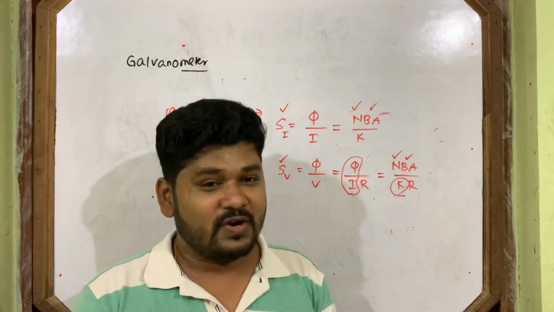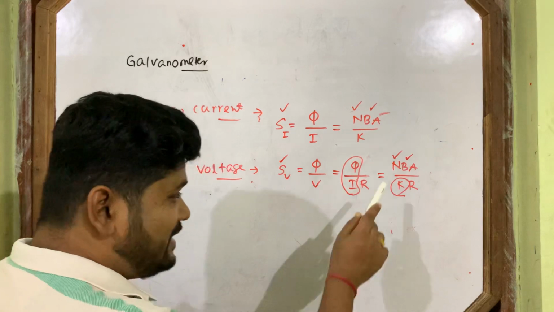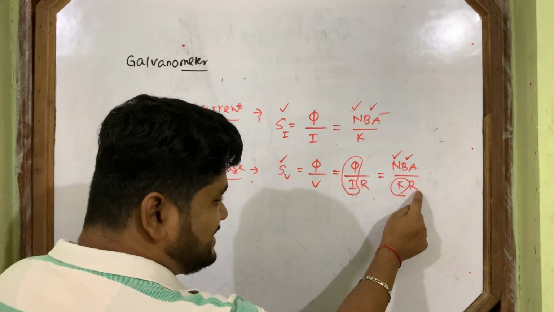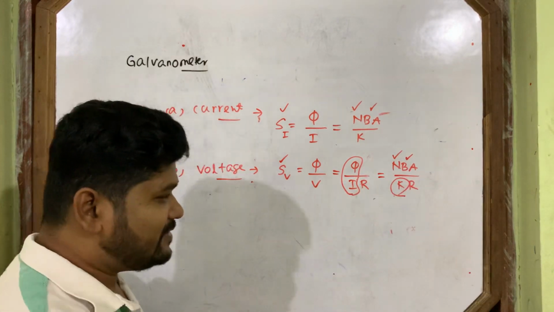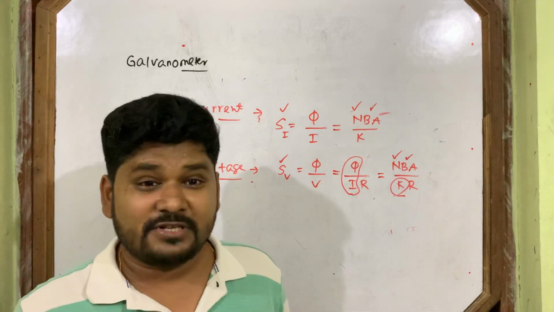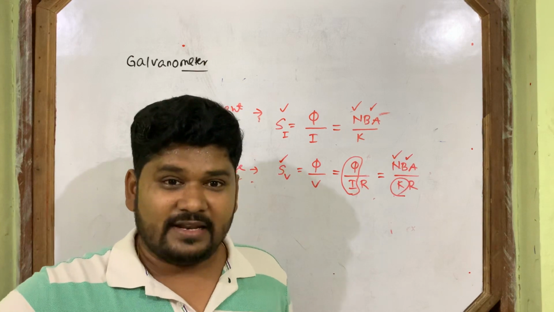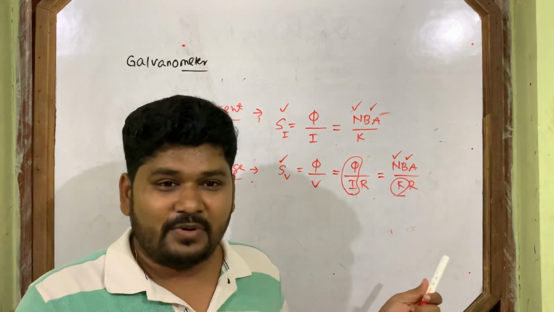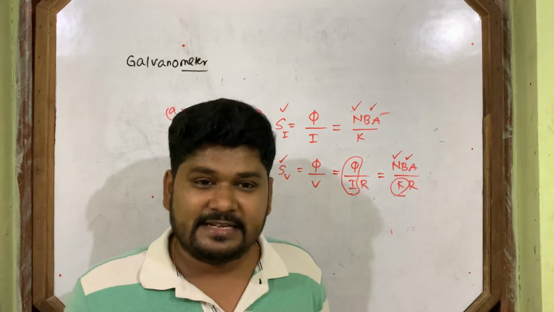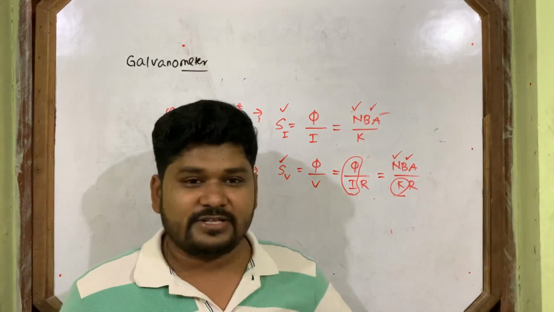Why will voltage sensitivity not increase? If you increase the number of turns, resistance, another term here, also increases proportionally. Resistance is proportional to length. If you increase more turns in the coil, accordingly the length of the wire increases, then accordingly resistance increases proportionally.